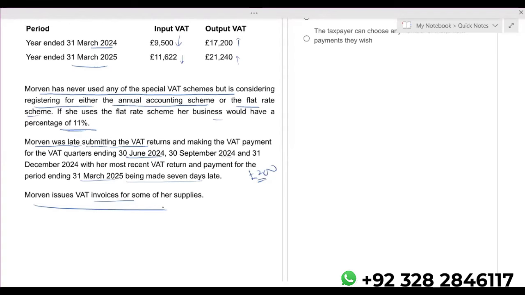You can do that. If your customer is not registered with the VAT authorities, then you can do that. It's okay if you're not issuing VAT invoices to them. If the person is not a taxable person, then not issuing VAT invoices is acceptable.